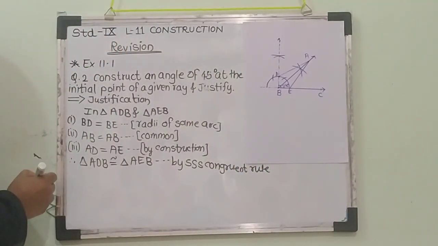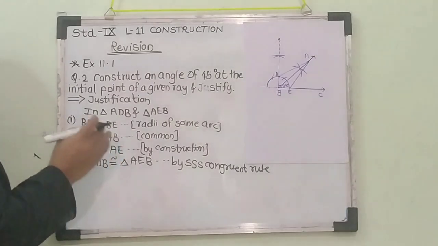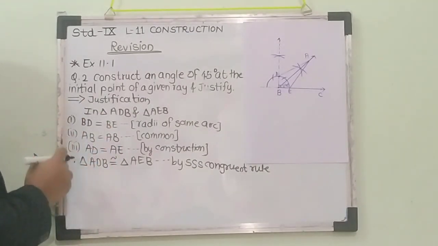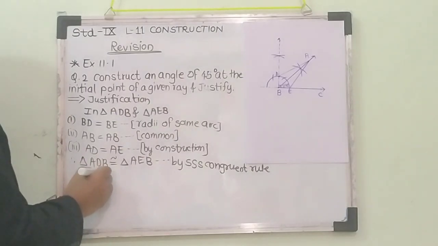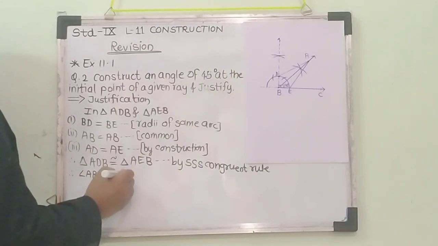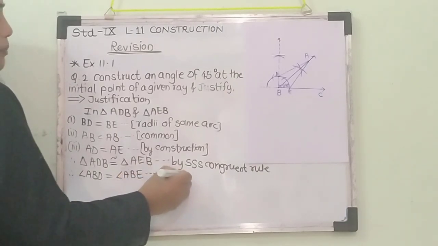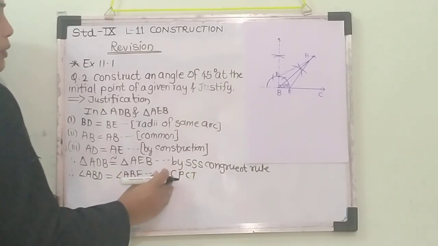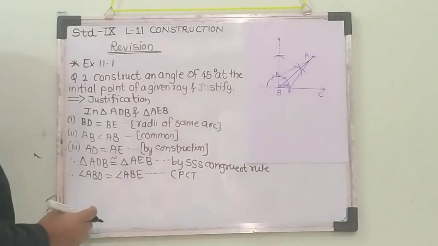Correct? So once the triangles are congruent, the remaining parts are also congruent. So I can write here angle ABD equals angle ABE, CPCT, corresponding parts of congruent triangles.